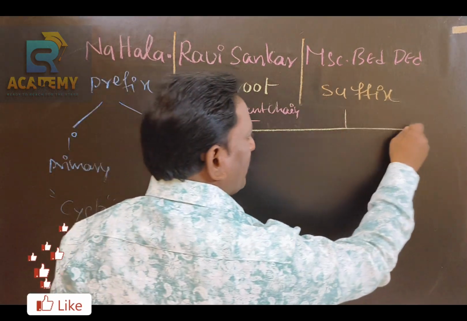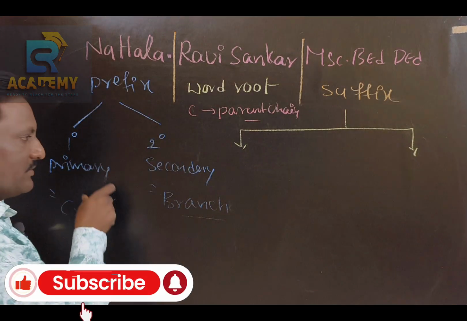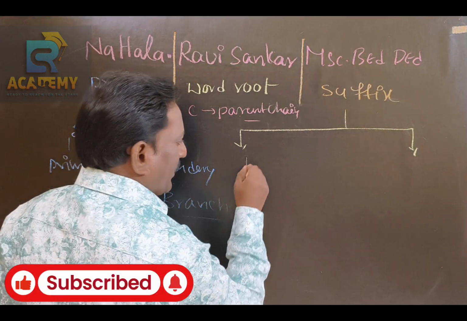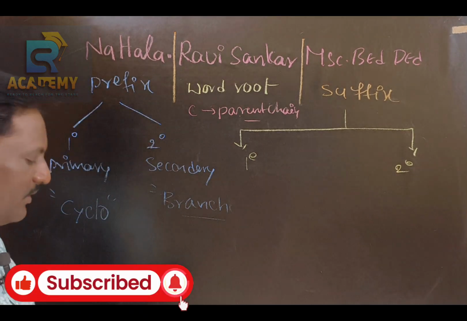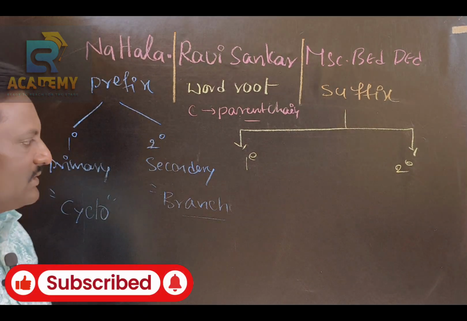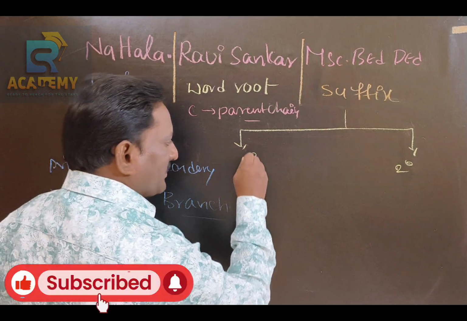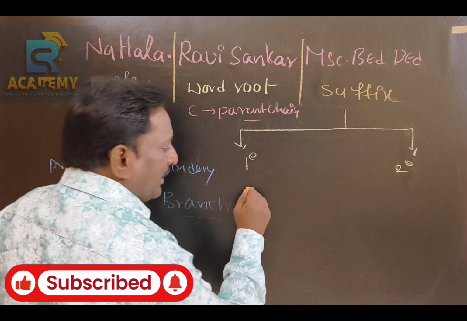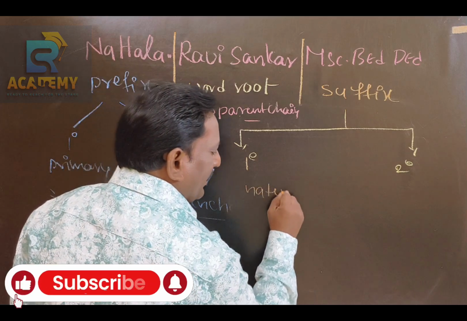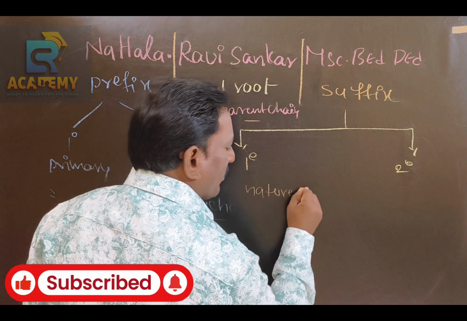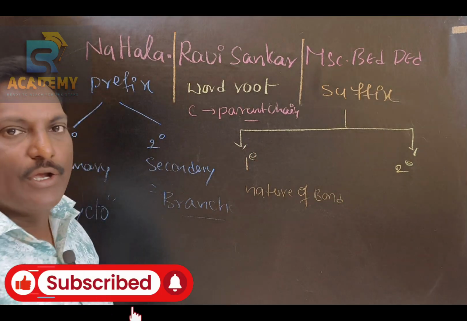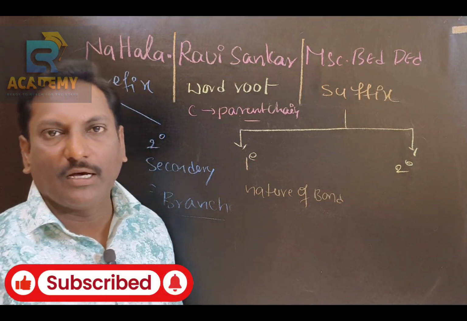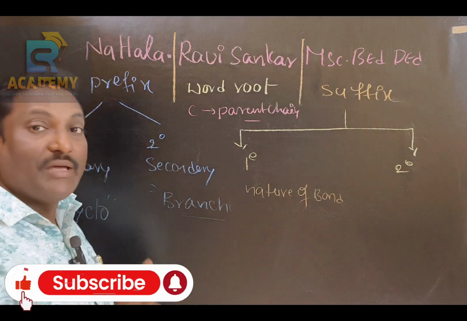Suffix can be classified into two types, same as prefix: primary and secondary. Primary suffix tells us the nature of the bond between carbon and carbon in the parent chain.